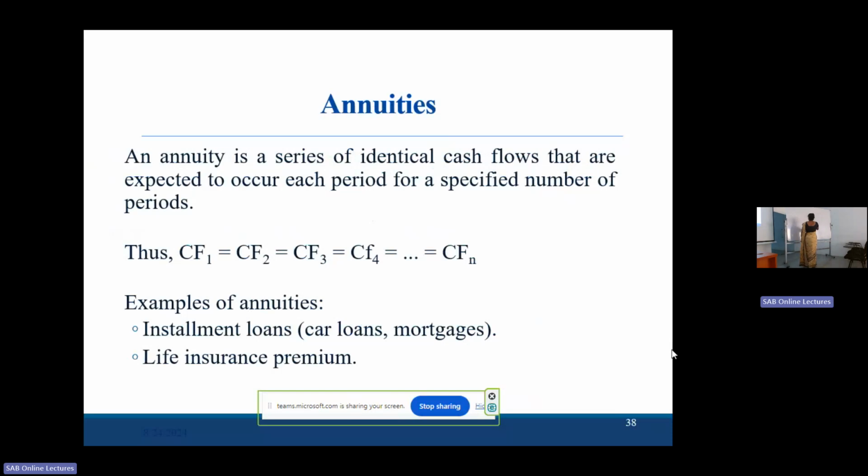So what is the difference between the multiple uneven cash flows we just discussed and the annuities?